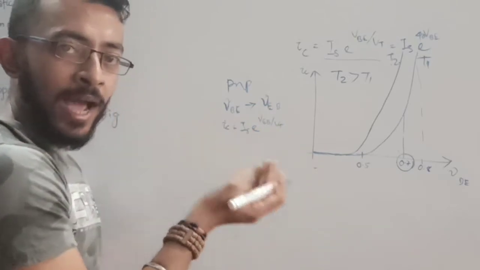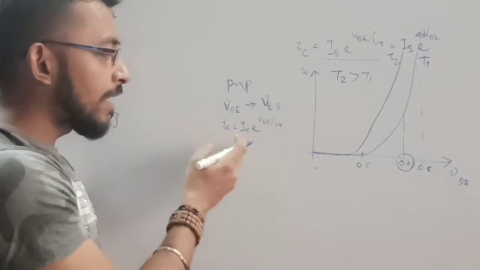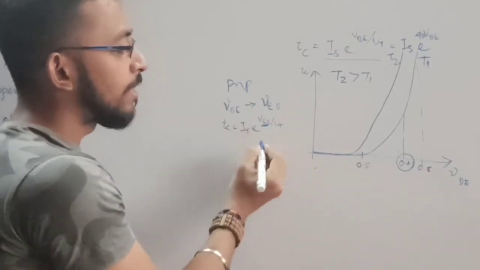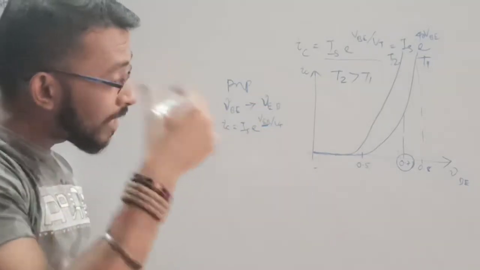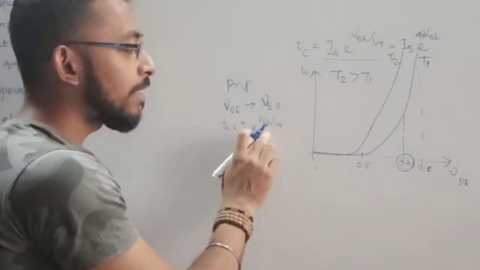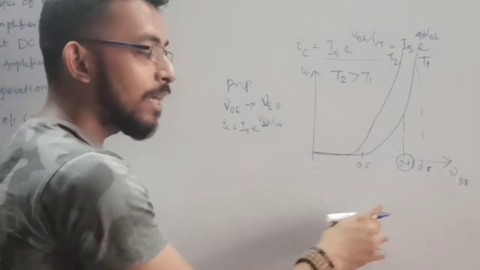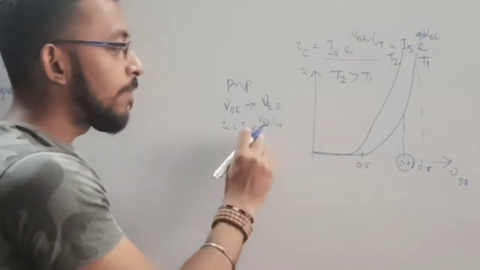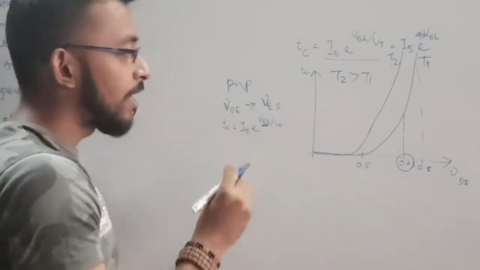Similarly, my IB and IE will change, but in place of VBE you have to put VEB. So remember, in a numerical you have to check whether VBE or VEB is given. If VBE is given, then it is NPN. If VEB is given, then it is PNP.